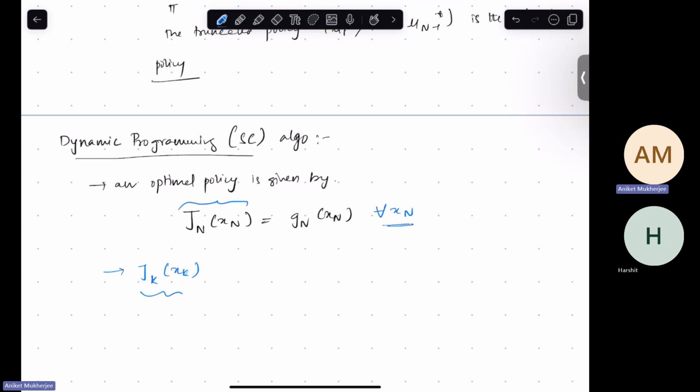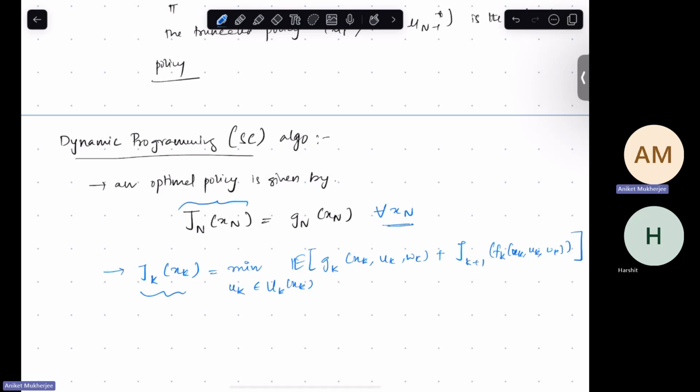So Jk of xk is basically the minimum over uk, so now you're just finding what uk is, that belongs to Uk of xk, of the expectation of gk of xk, uk, wk plus Jk plus 1, the previous optimal subproblem, evaluated at the dynamics fk of xk, uk, wk.